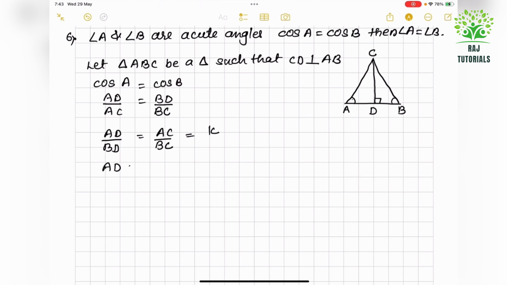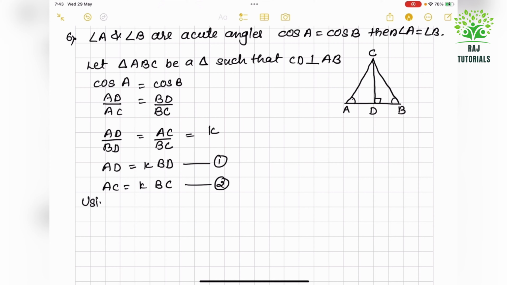Now I can say AD equal to K BD (1), AC equal to K BC (2).